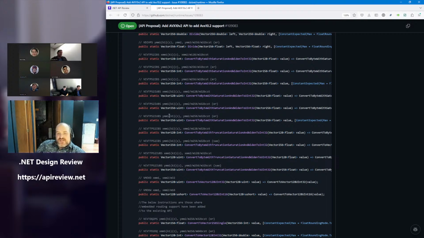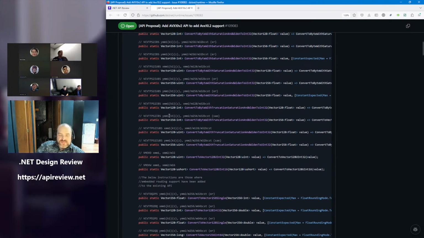It would basically be something like -1, which would be a sentinel for CPU dependent. But we can't use -1 because the bit value of 255 is potentially a valid rounding mode. Yeah. So how does it know if you specified the mode or not, if they're the same instruction? The encoding is slightly different. All right.